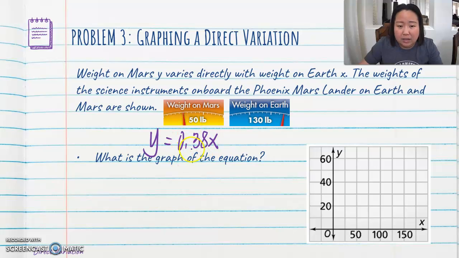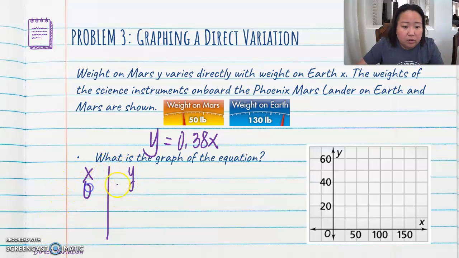Unfortunately, our k is a decimal, so we will need to multiply by higher numbers so that we can get whole number points that we can plot. So we can use our x values as 50, 100, 150, and of course our y values.